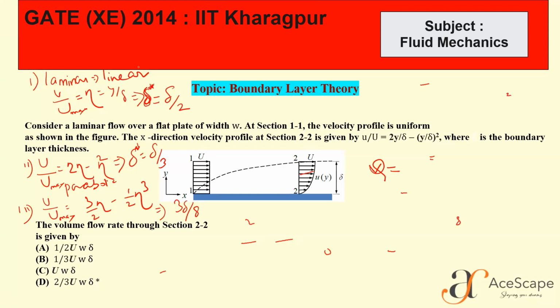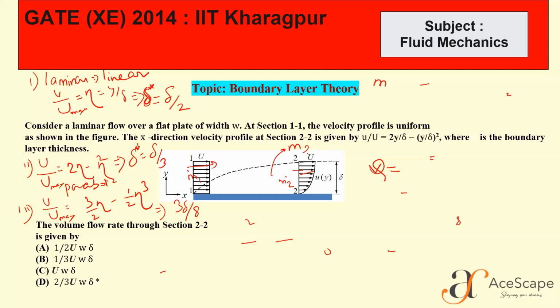So if you can remember these thicknesses, from these values you can directly calculate the volume flow rate and things like that. How will you calculate that? What is happening is that some mass is entering this boundary layer, and some is leaving. Let's suppose at point 1 it was m1, and the mass flow rate entering section 2 is m2.